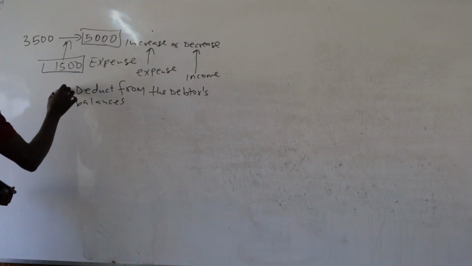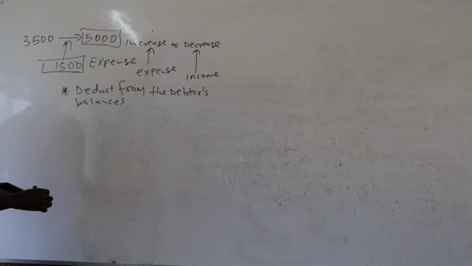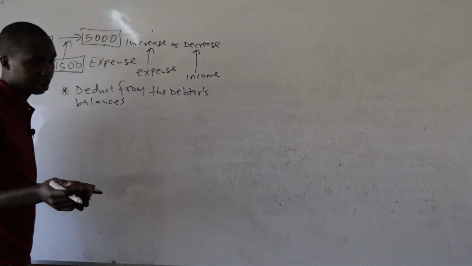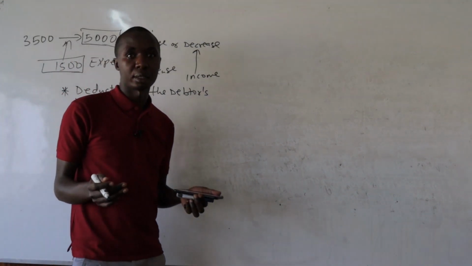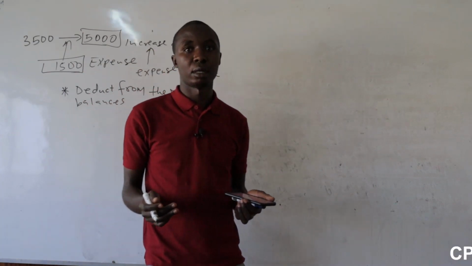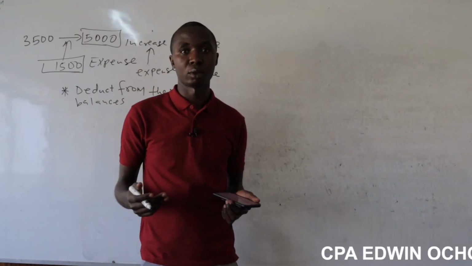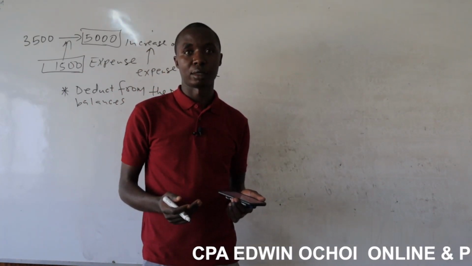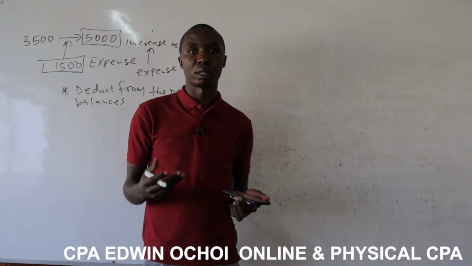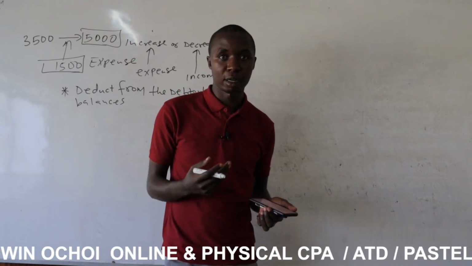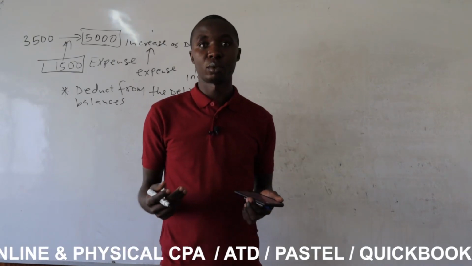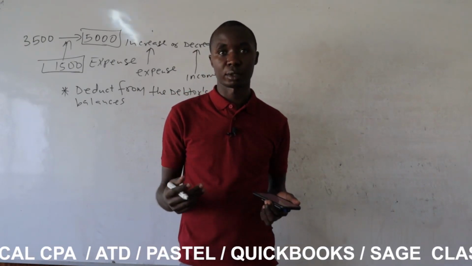Because now, the allowance for doubtful debt is all about an amount which would be set aside to cater for what they doubt might not be received. So they had already set 3,500, of which the amount was increased to 5,000.